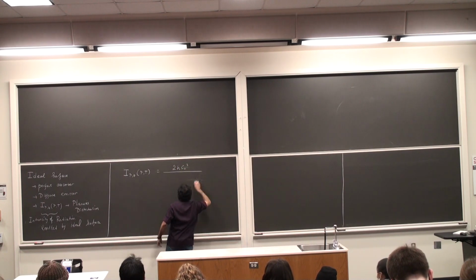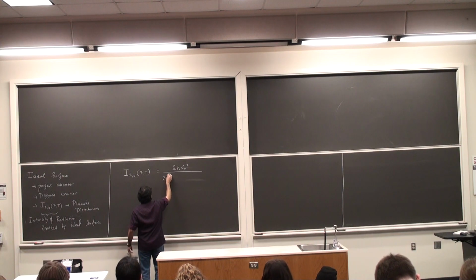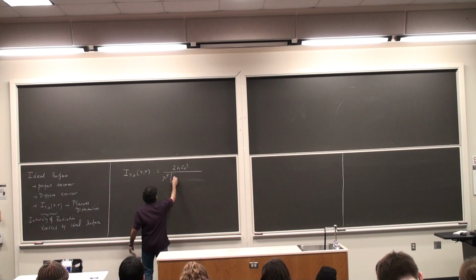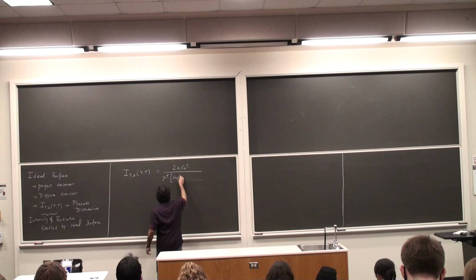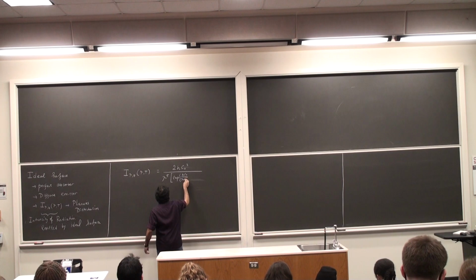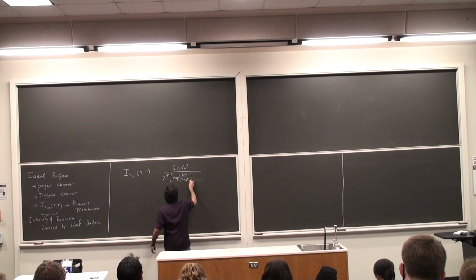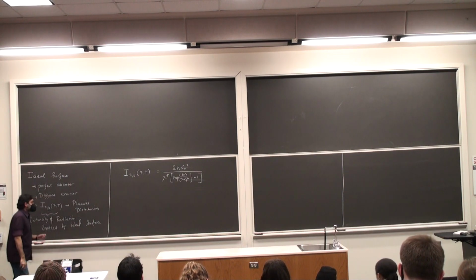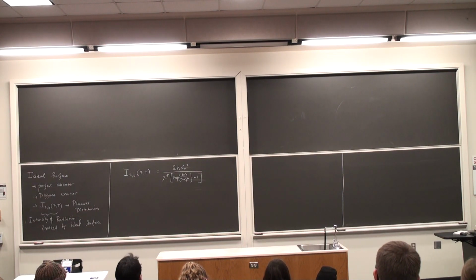2h c0 squared over lambda to the power 5 times exponent of h c0 over lambda kB T, minus 1. Okay.